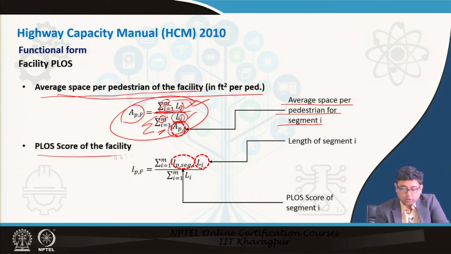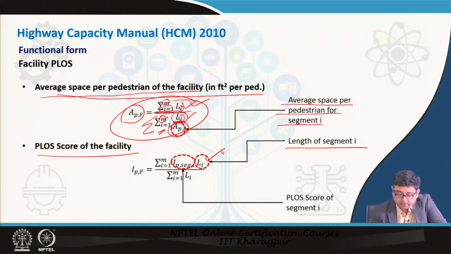Now, the PLOS score of that entire facility will depend upon the weighted average. Remember, we told you that it should be the weighted average of all the lengths of the segments. So, the length of the segment i times the pedestrian level of service score for the segment, PLOS score for the segment i, this summed over from segment 1 to segment m divided by just the lengths of each of the segments 1 to m.